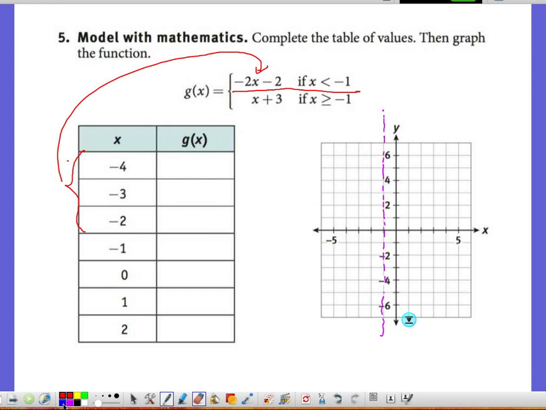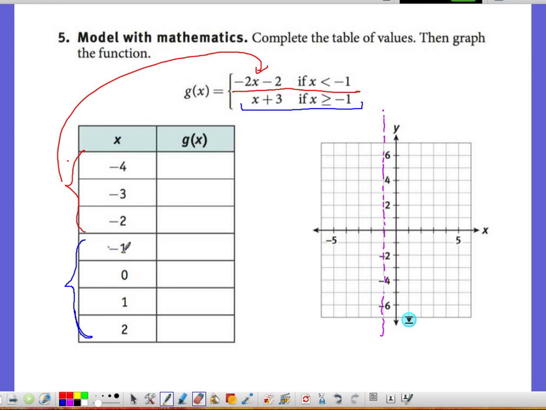And I'm going to take my second function rule and read the domain restriction. It's called x is greater than or equal to -1. Well, the numbers greater than or equal to -1 are the numbers on the right of the vertical line. And so when I'm filling in my table, I take the numbers greater than or equal to -1.